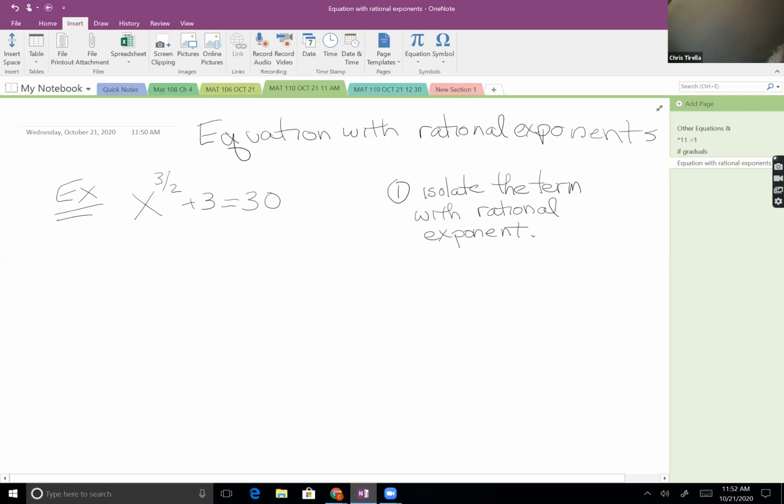And looking at this equation, does it make sense that the only thing that has that fractional exponent on it is that x? And so I want to try to get that x alone. Everybody all right with subtracting 3 from both sides? Which gives me x to the 3 halves equals 27.